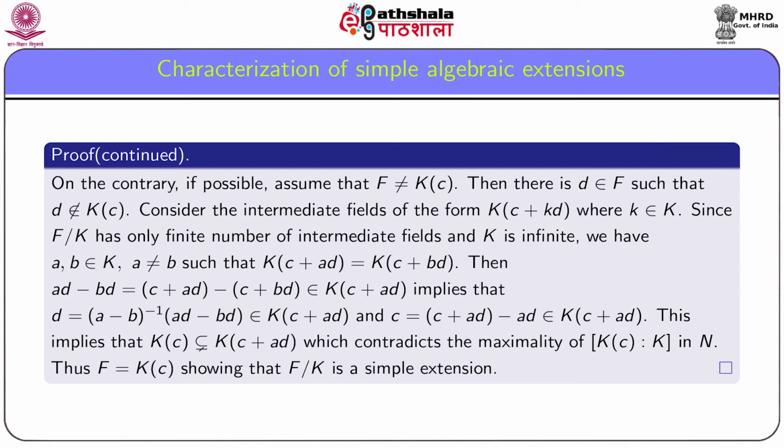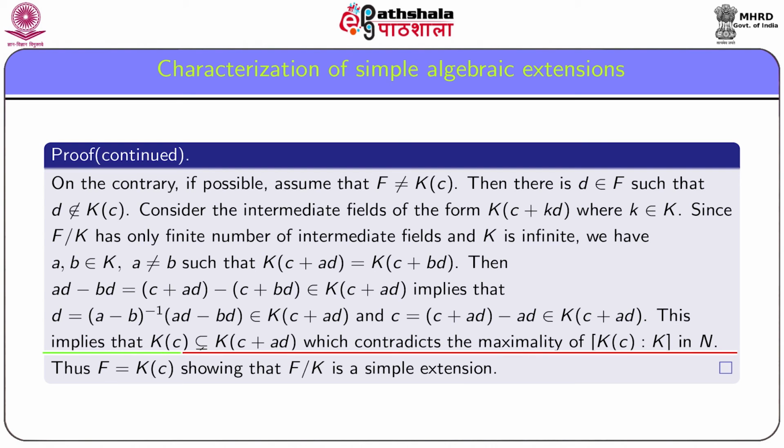Then we get ad minus bd belongs to K(c plus ad), which implies that d is equal to (a minus b) inverse into (ad minus bd) belongs to K(c plus ad). Note that a, b are two elements of K and a not equal to b. So, we have (a minus b) inverse and it is in K.